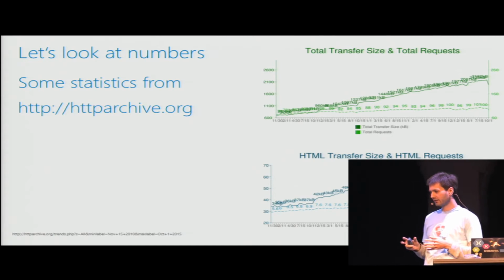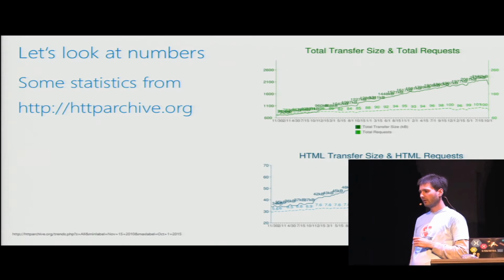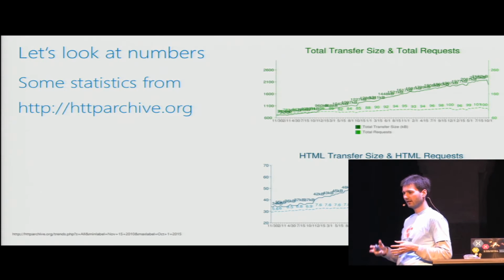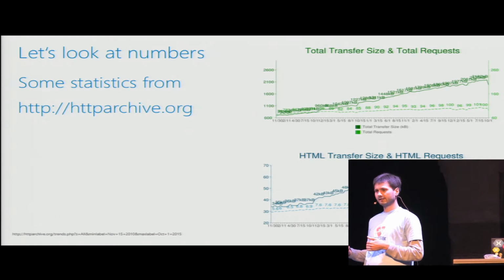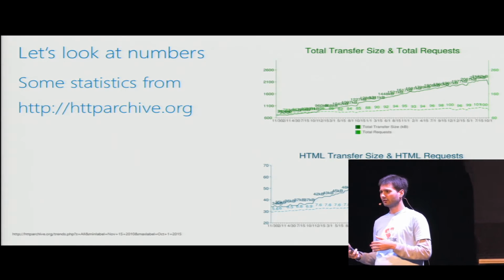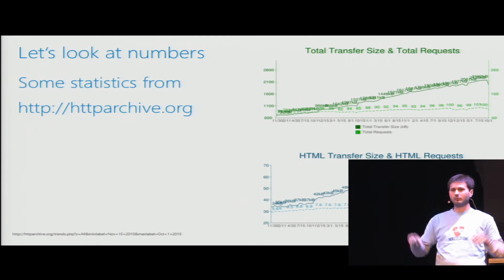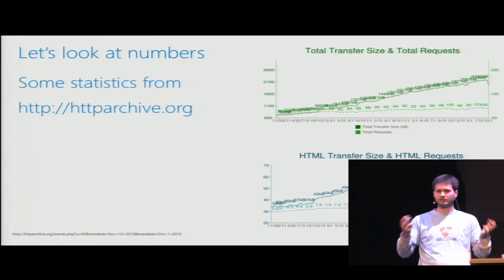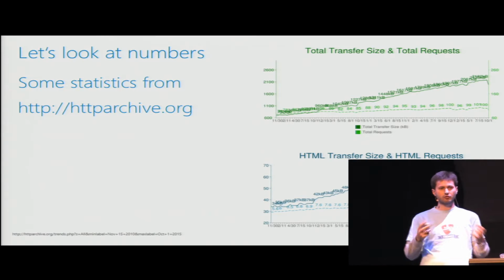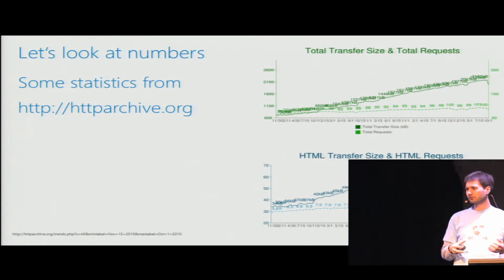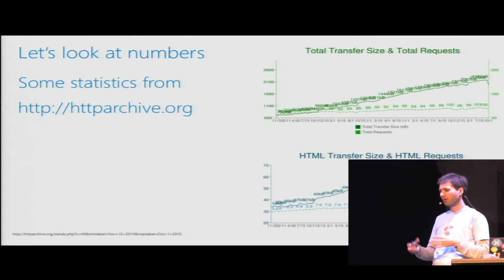And what we actually can see is that the average transfer size is increasing and increasing. And I think a few years ago we thought we reached a level where this all became static and the websites don't become bigger. The only huge traffic is caused by videos, but the rest is quite static.